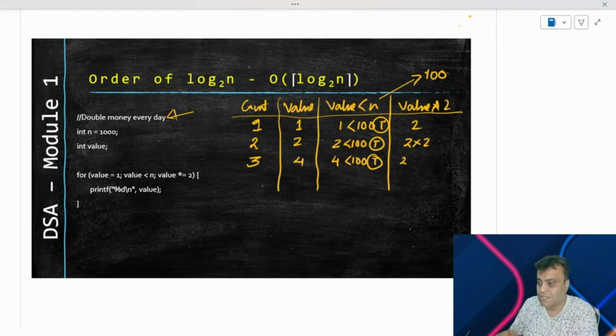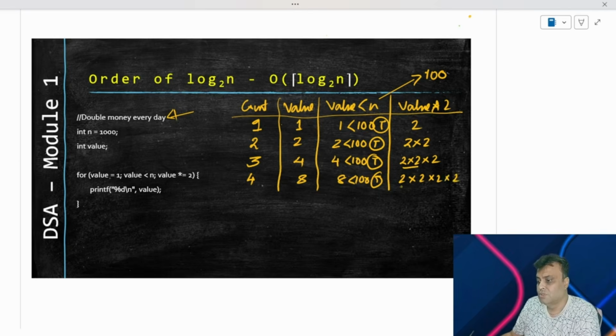So this means that this loop will run 2 multiplied by 2, which is 4, multiplied by 1 more 2, right? Next time the loop runs, the value is 8, and 8 is less than 100 is true, and therefore this loop will run 2 multiplied by 2 multiplied by 2 multiplied by 2. So this is coming from the previous step, and so on. Right?